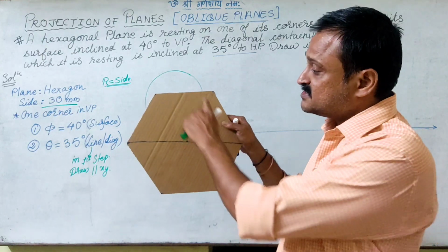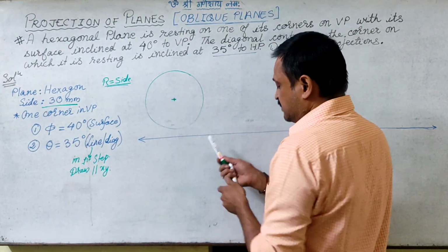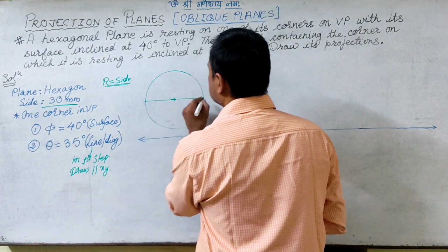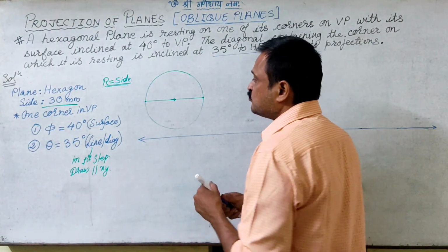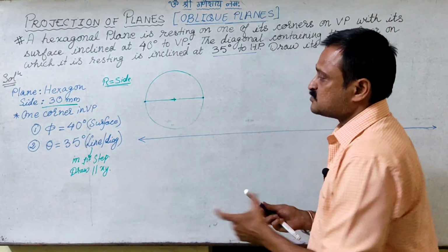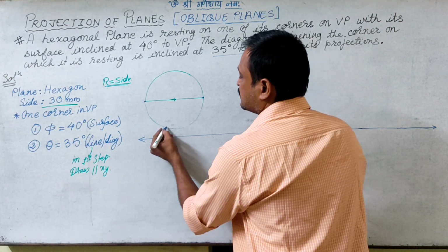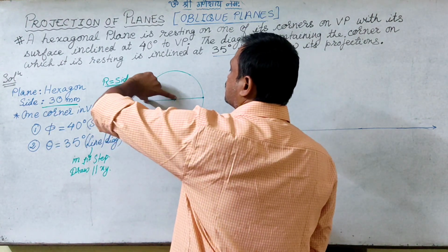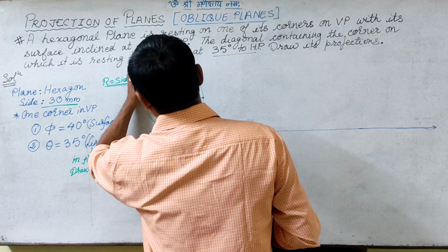So if I want to draw this in this fashion, I will first mark one diameter which is parallel to the XY line, right? Now I have 2 points of the required hexagon. So now I take this radius in the compass, with this as center, I cut it here, and with the same radius, I cut it here, so I get the second point.